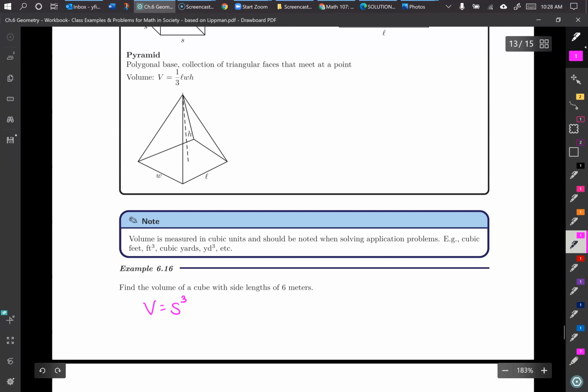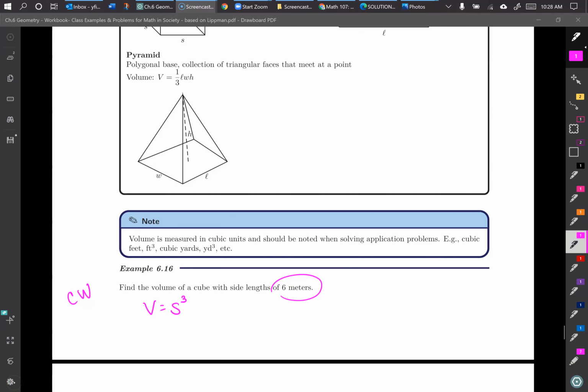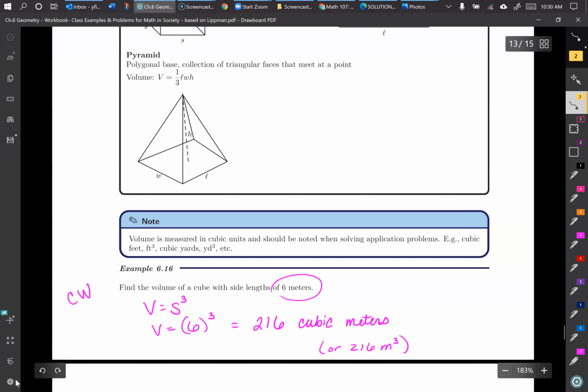You're going to take whatever the side is that's given and put it into the formula and make sure you write out your answer properly with the correct units. So here we have volume equals 6 cubed equals 216 cubic meters, or you could have written it as 216 m with an exponent of 3 to notate that.